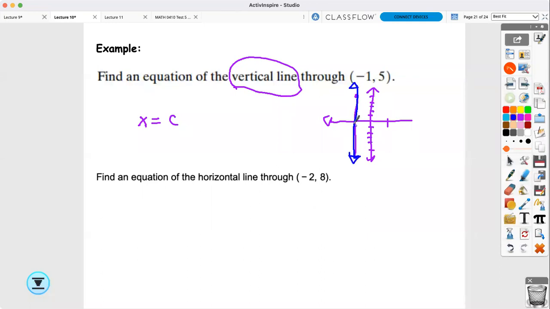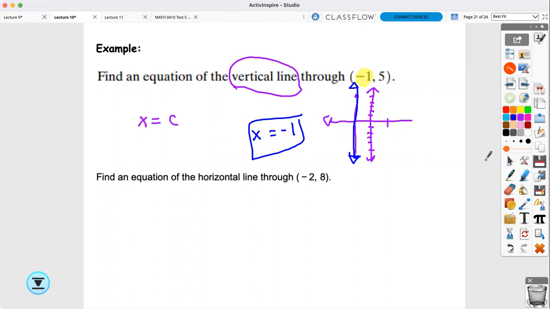Which x value is this? If it goes through this point, then the x value is the x value of the point. So then the equation is x equals -1. So since vertical is x equals, we look at the x value of the point.